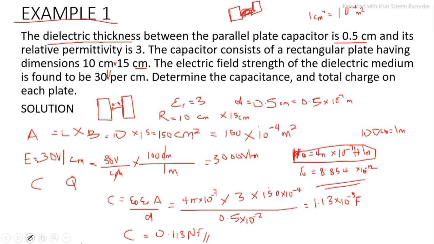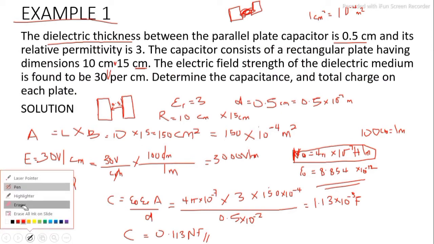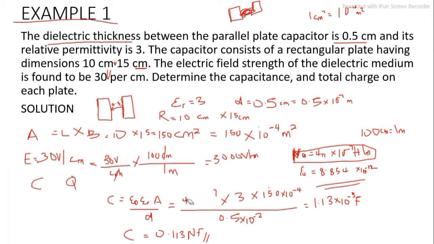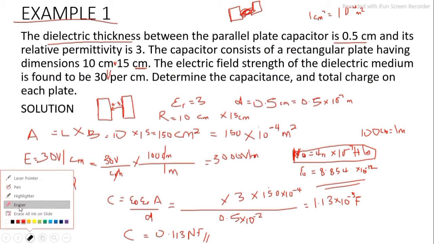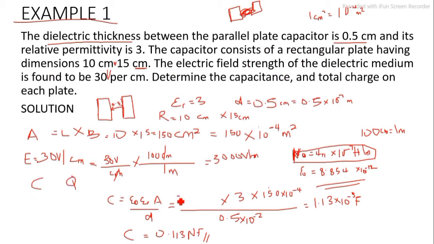We're going to use 8.854 times 10 to the power minus 12.